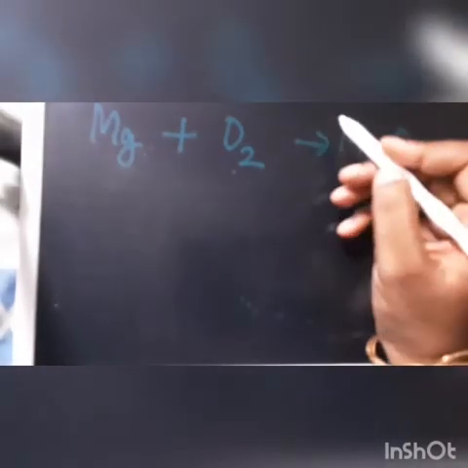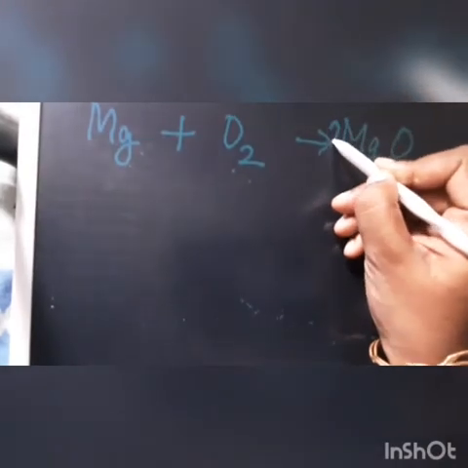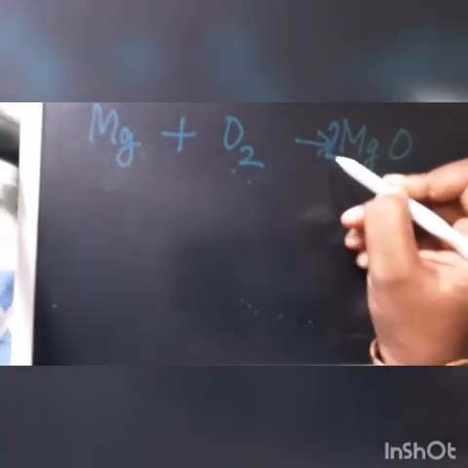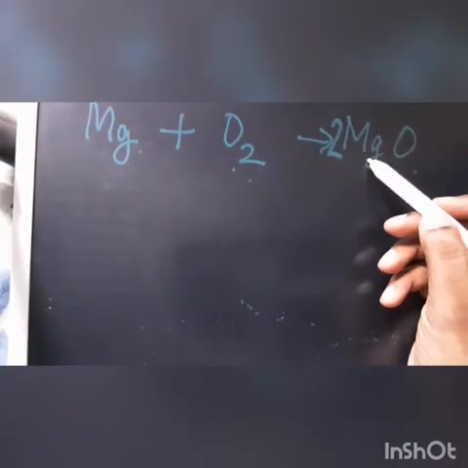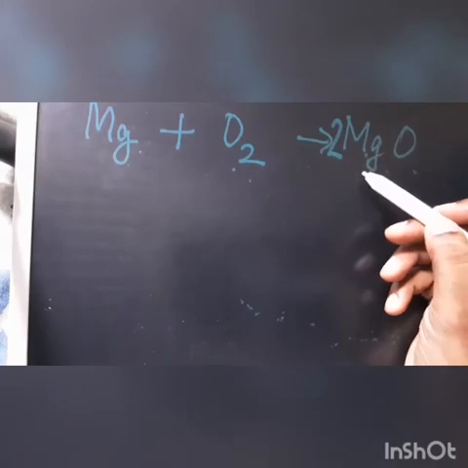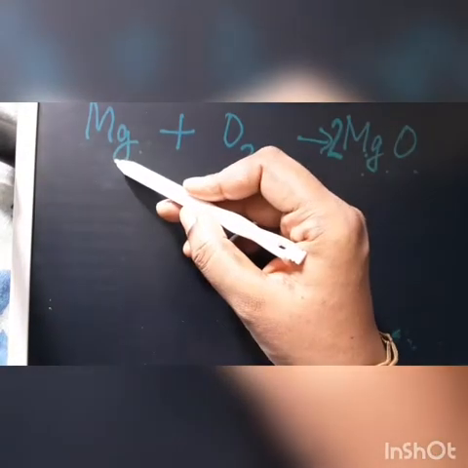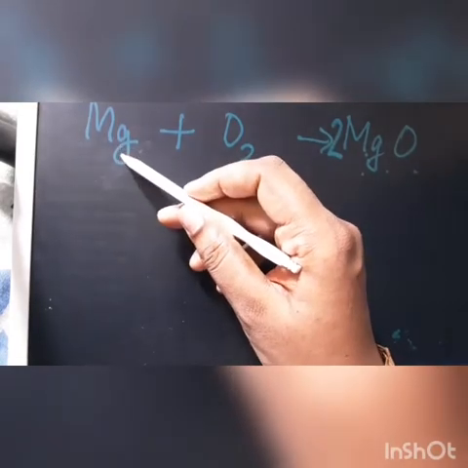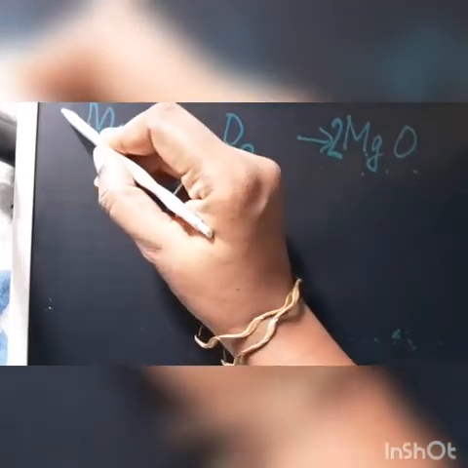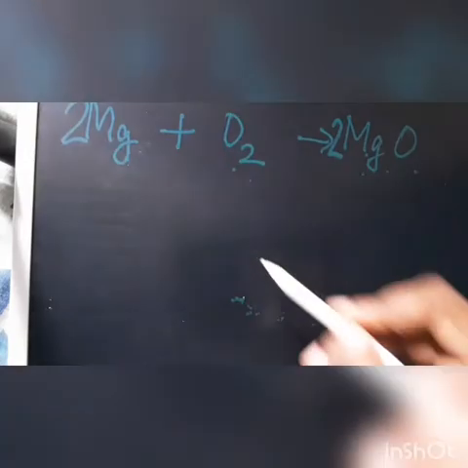You will put a 2 in front of magnesium oxide. Now what happened? 2 magnesium in the product side, but only 1 magnesium in the reactant side. So to change this, you will put a 2 in front of magnesium.